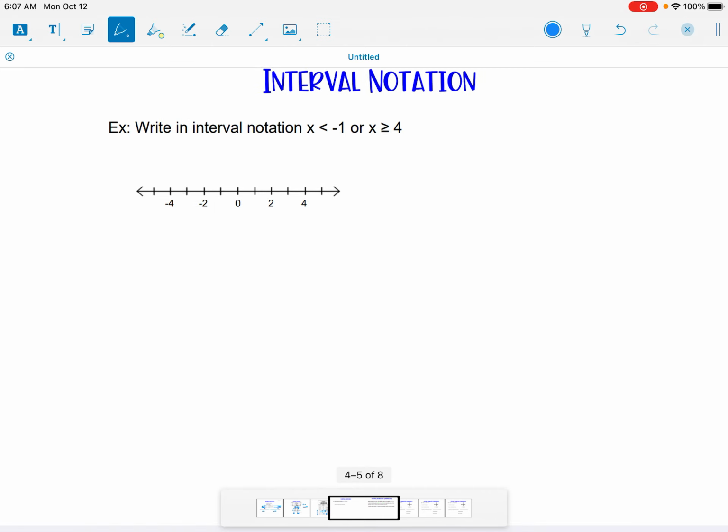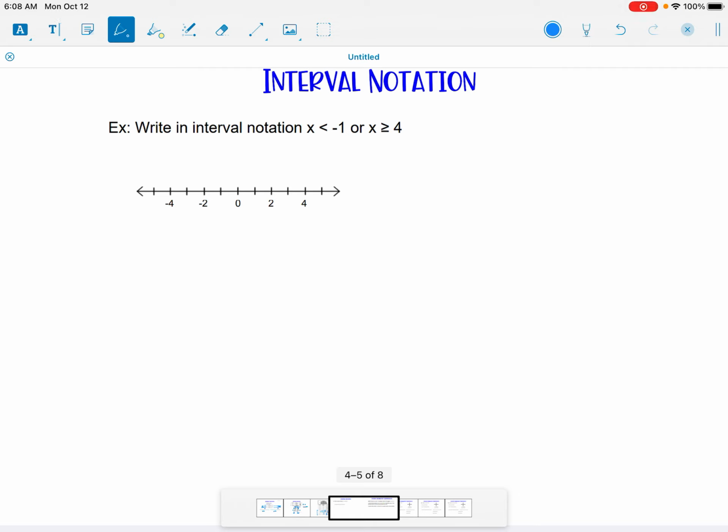Okay, and then last but not least here for interval notation, inequality notation, number lines, all of this. For this example, we haven't seen one like this where you have two different inequalities, because the first slide on interval notation was one inequality, but it had two values written in it. So in this case, we have x is less than -1.